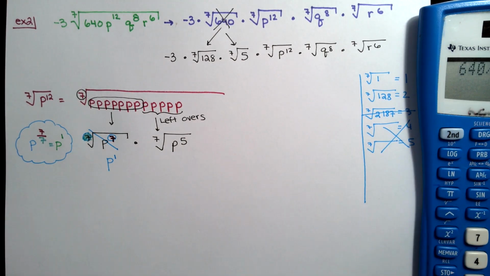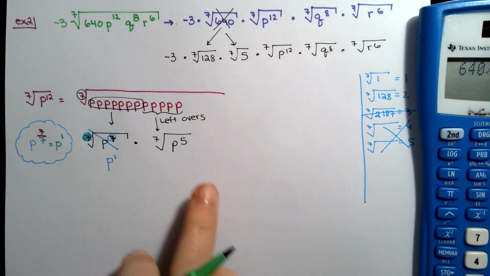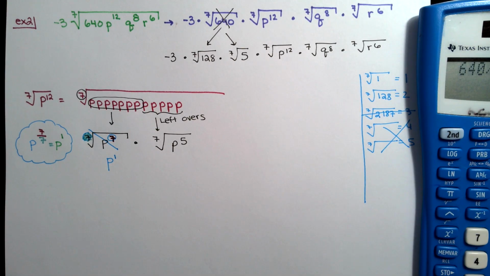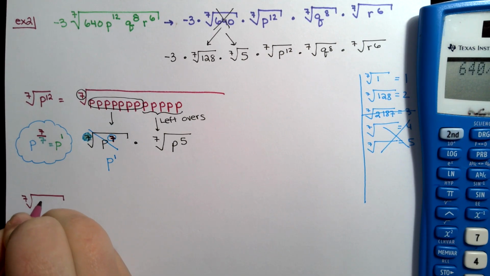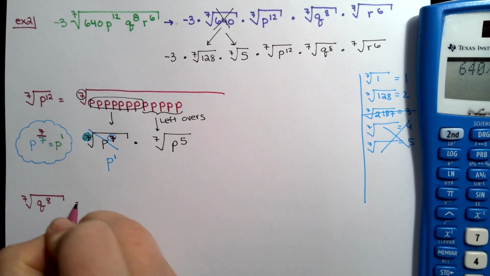So if you wanted to use conversions, you can. If you wanted to use groupings, you can. Now this leftover, we have no choice. That's just our leftovers.